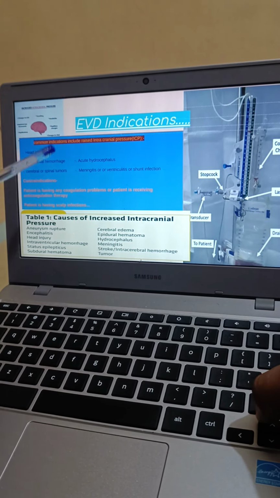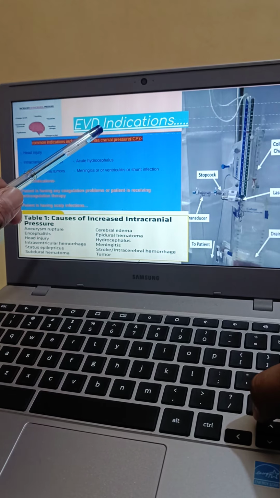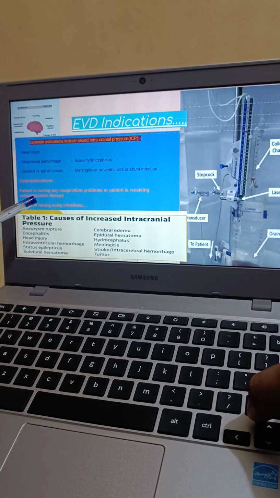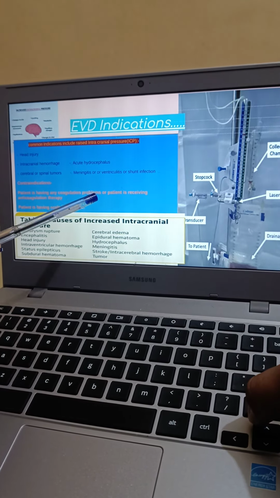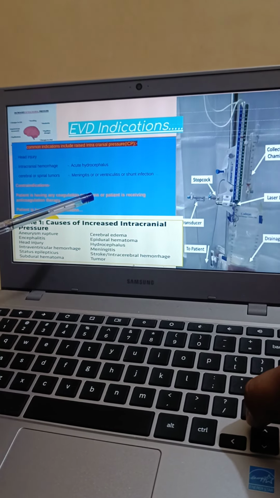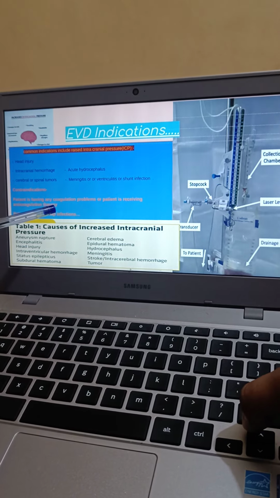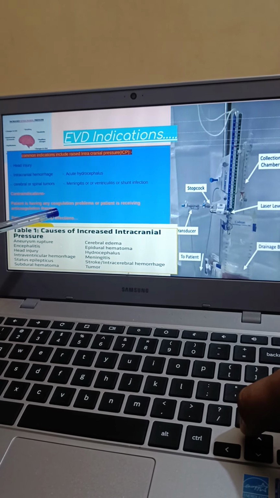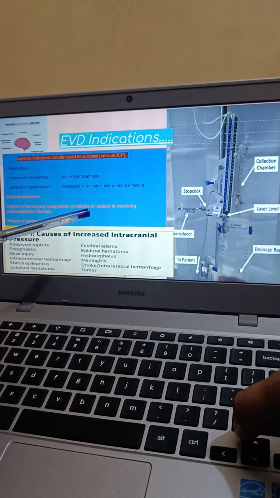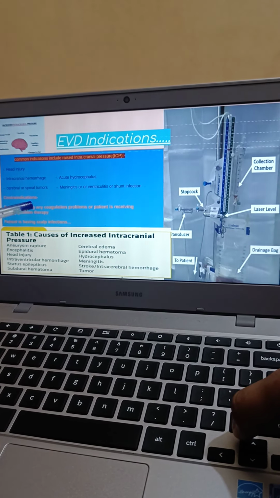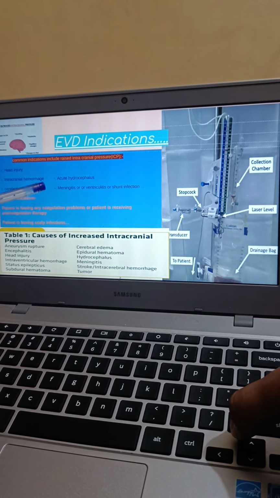And then there are some contraindications for EVD insertion. Suppose the patient has high PTT and INR values, meaning any coagulation problems, or the patient is receiving anticoagulant therapy, such as a heparin infusion or full anticoagulation therapy. We are not supposed to go ahead, because if you insert, it will cause more bleeding.